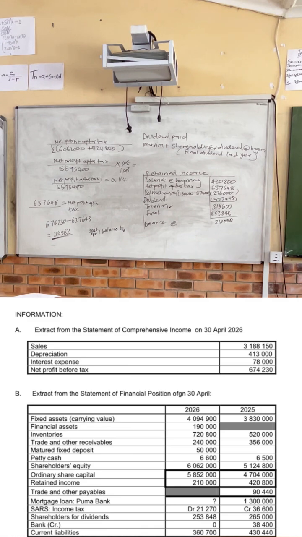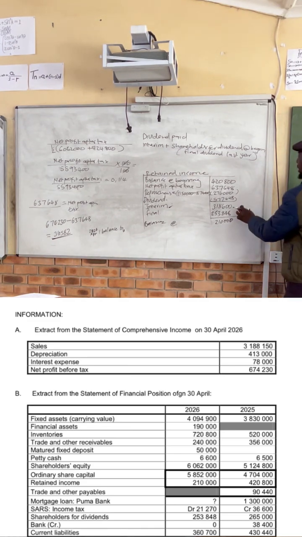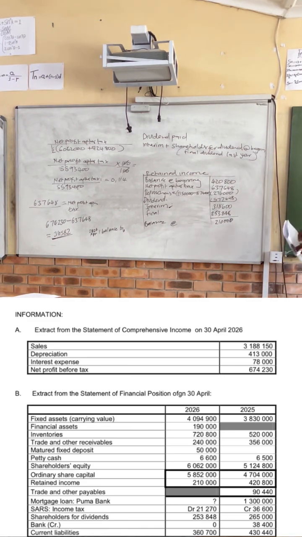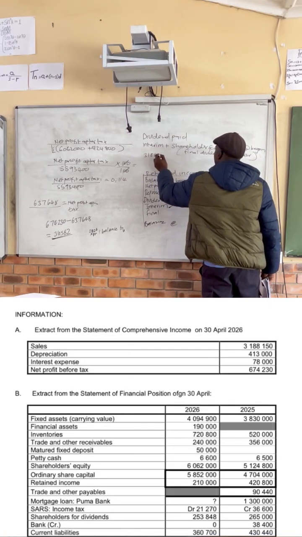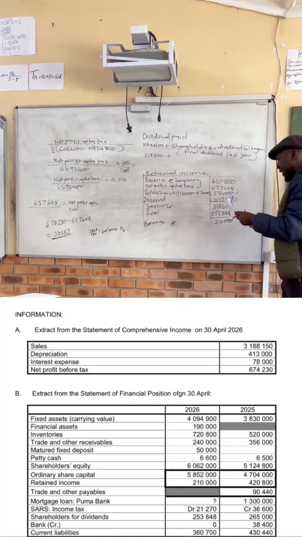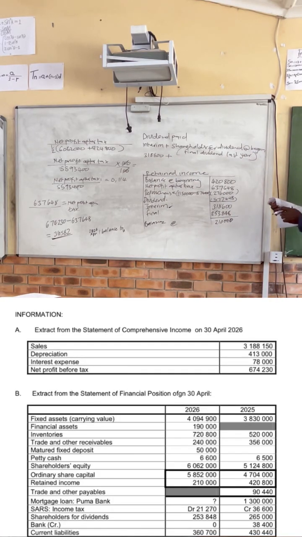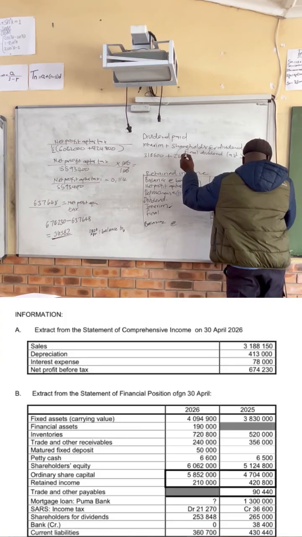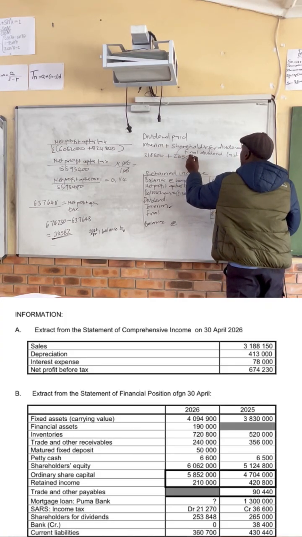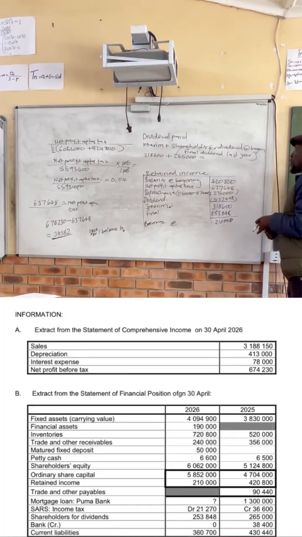So now, because we get our interim, it's simple to prepare our dividend paid, which we are going to say 318,600 plus your shareholders for dividend at the beginning, which is how much? 265,000.